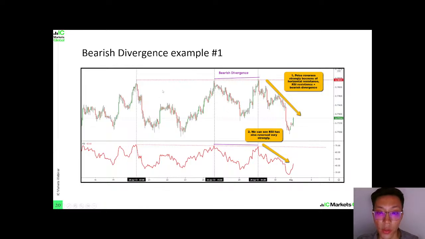Once you spot this bearish divergence on the higher time frame, you will see a very strong reversal happening from here, especially when we have all three confluences acting together: horizontal resistance, RSI resistance, and bearish divergence. Once you have these three confluences, price will most likely go in the direction that you want it to, which is a bearish reversal.